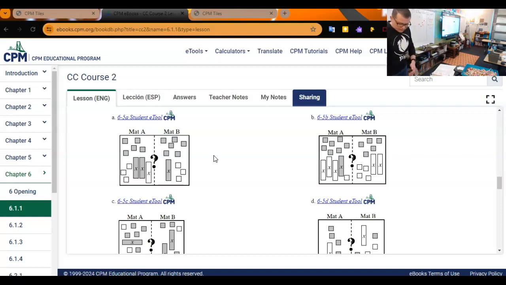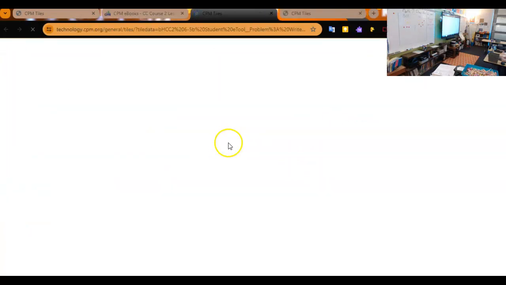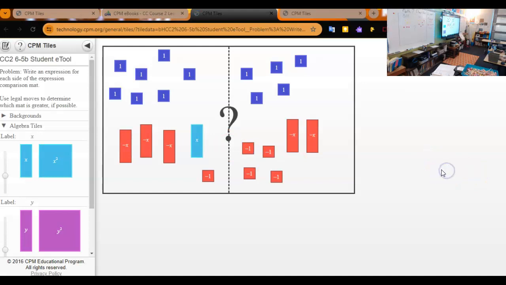Sophie, pick a letter, A, B, C, or D. B, everyone work on B. 6-5B, go to that student e-tool. Work on B. Try to clean it up as much as possible. Figure out which side is greater.